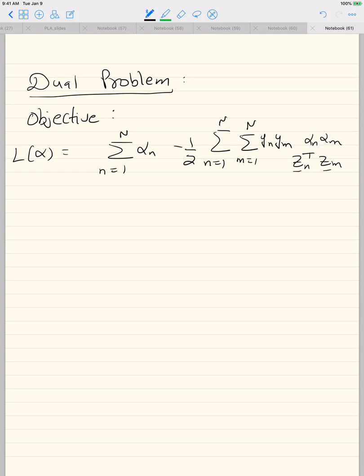What we did was we replaced the x with the z because we are in the z space, and we only need to have the inner products between zn and zm, and the other constraints remain the same because they did not depend on the data vectors.